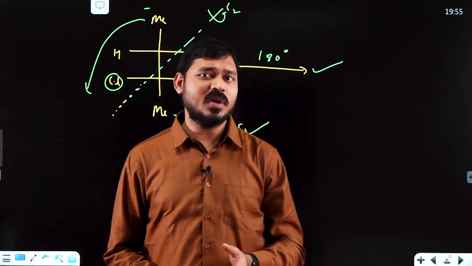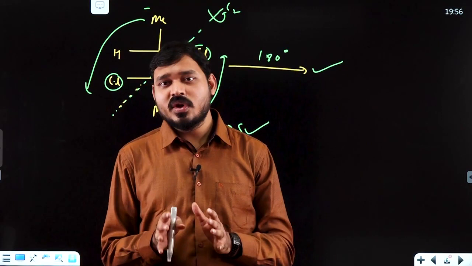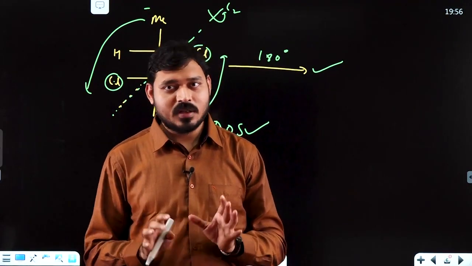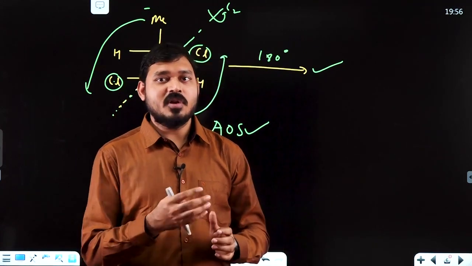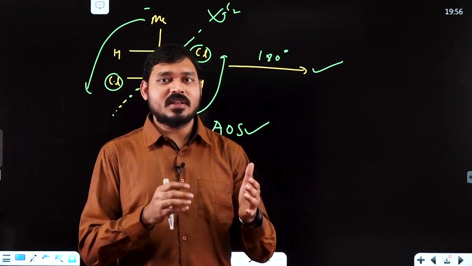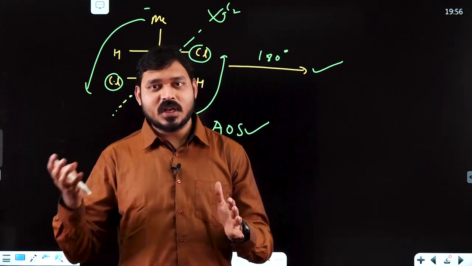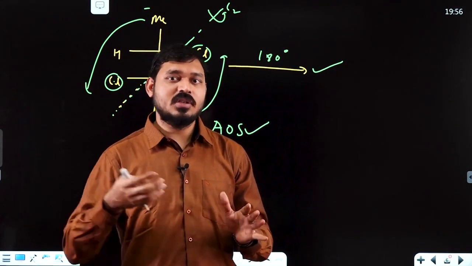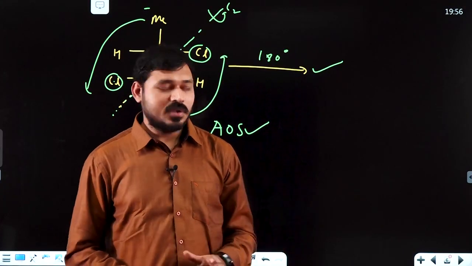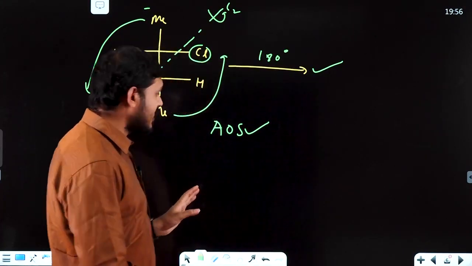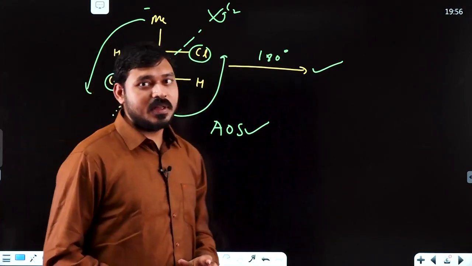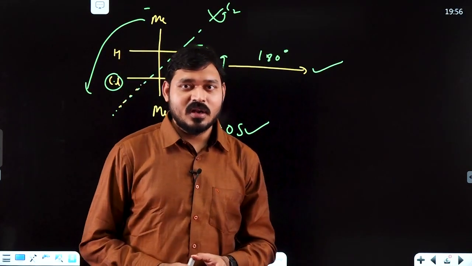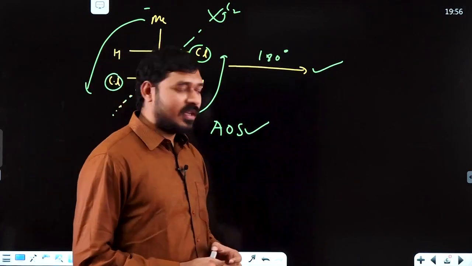But we need to understand that there is no relation between axis of symmetry and optical activity, because a compound having an axis of symmetry can be optically active, and a compound not having an axis of symmetry can also be optically active. So I think it is clear. We have finished with POS, COS, AOS. Now it's time for AAOS. Let's continue.